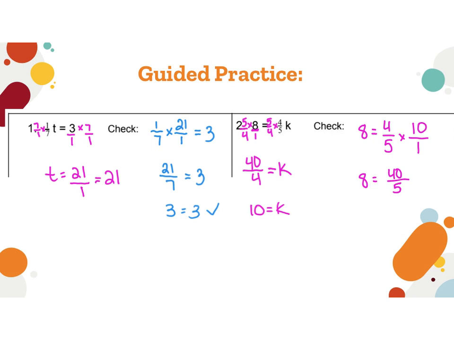If we were to simplify 40 over 5, we would find that it is equal to 8, because 5 can go into 40 8 times. 8 equals 8, so we know we solved our equation correctly.